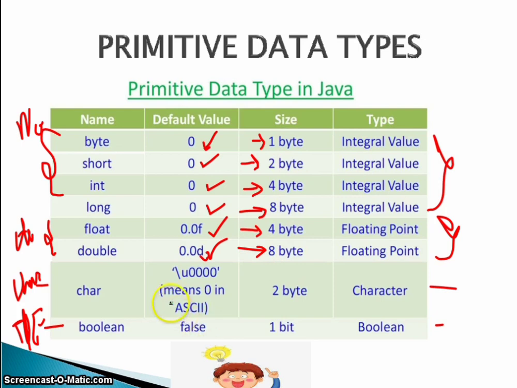The default value of char is \u0000 within single quotes. It means \u followed by 4 zeros. This is the default value of char data type and its size is 2 bytes. The default value of boolean is false and it is of 1 byte.